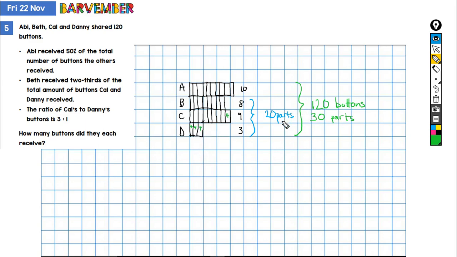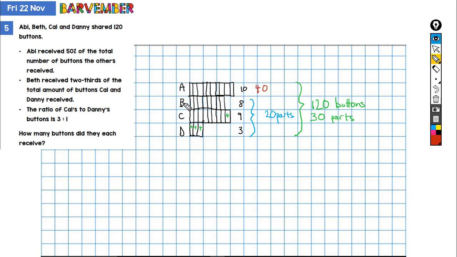Okay, but what I can do now is, if I know that all of these are worth 4, I can calculate how many buttons each person has. So Abby has, shall we pick another colour for the answer? Okay, so Abby has 10 times 4, which is then 40 buttons.